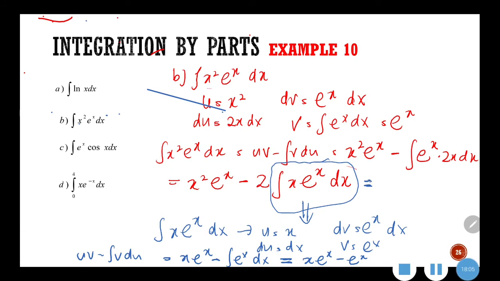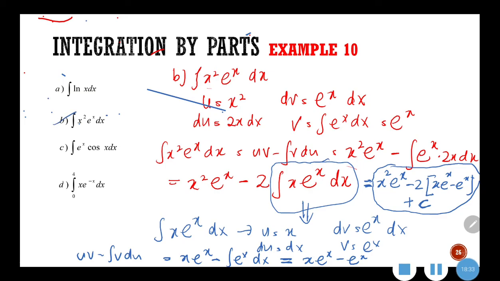So maknanya the answer for this one is x square e to the power of x minus 2 integration of what you have just now, x e to the power of x minus e to the power of x, and do not forget plus c. Okay, plus c the whole part lah. Okay, so this is the final answer for B.